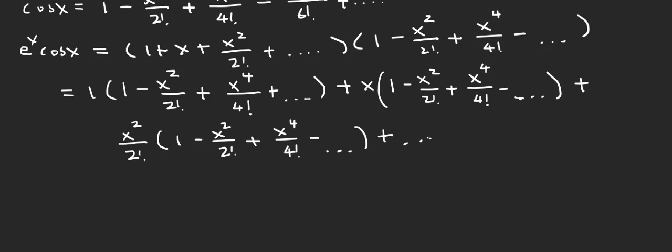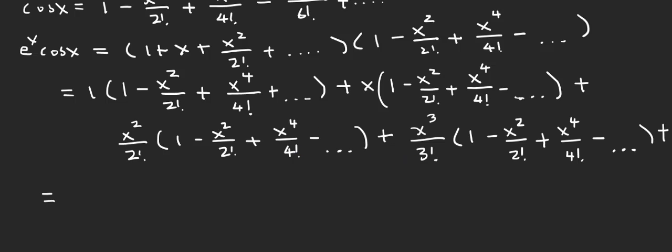So when you distribute, this is the same thing as 1 times this expression plus x times this expression plus x squared over 2 factorial times this expression. And it is a good thing that we only need to find the first 3 terms. Otherwise, we have to keep going, and it's going to be very tedious.